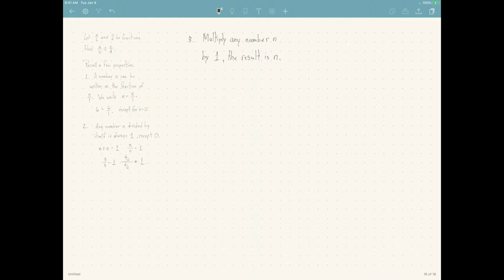In words, if I take the number n and multiply it by 1, the result is just n. You could try larger numbers like 3. If I multiply 3 with 1, I get 3.